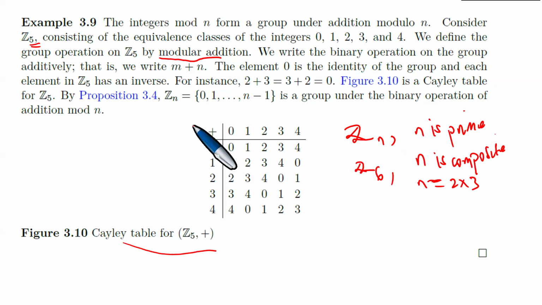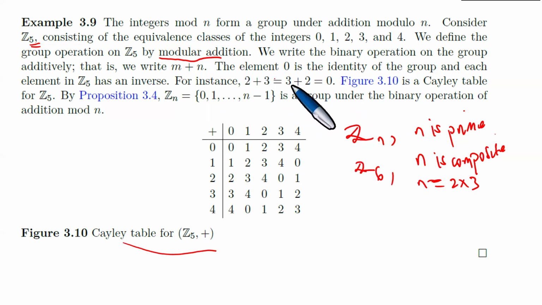Let's continue. For instance, 2 plus 3 is equal to 3 plus 2 equals 0.